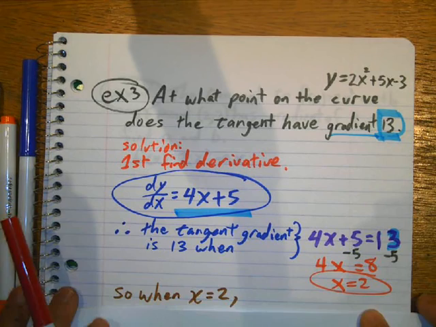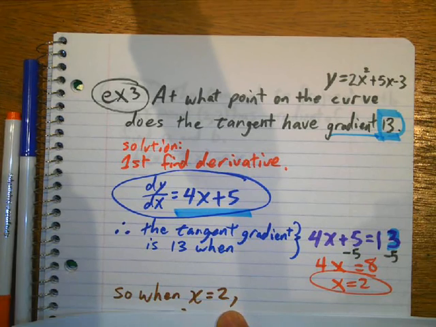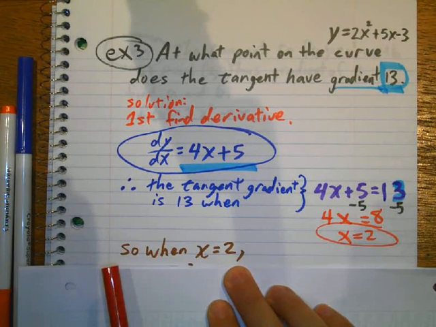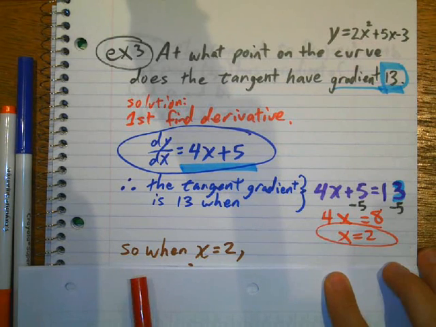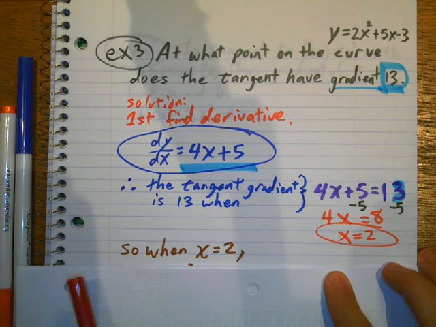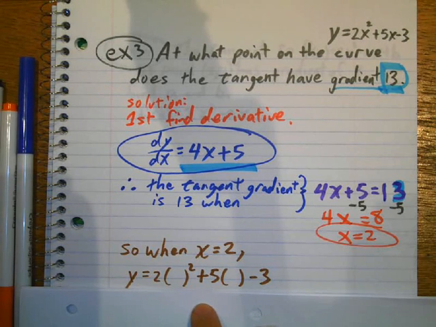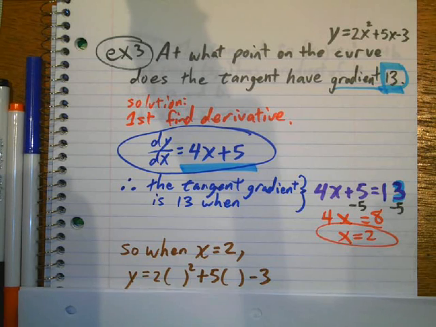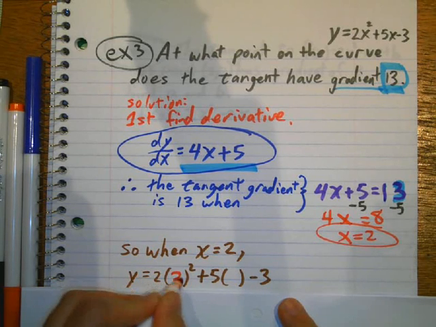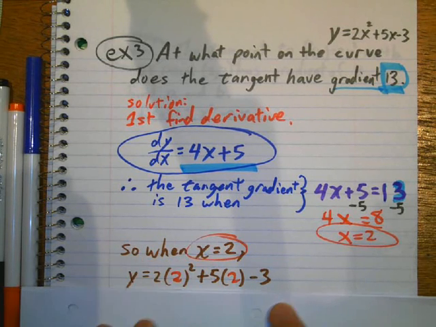Okay, so when x is equal to 2, we need to plug that back into our original equation to figure out what y will be when x equals 2. So here's the equation, and I'm going to plug in 2 in place for x so that we can figure out what y will be.